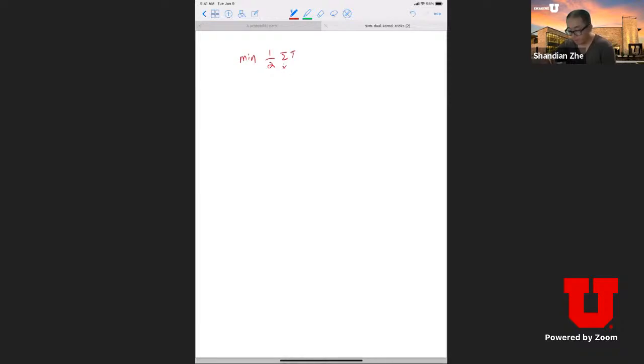If we write down the simplified objective, the form is like this. You go through the training set twice, a double summation over i and j, where the summand is alpha i times alpha j times yi times yj, times the inner product between xi and xj, and then subtracted by the summation over all the multipliers alpha i.